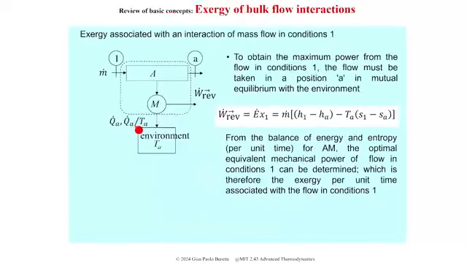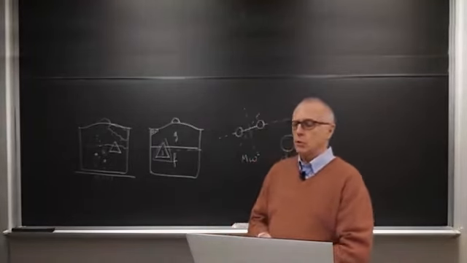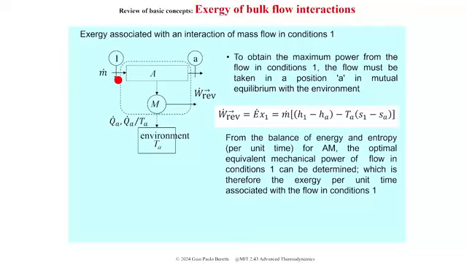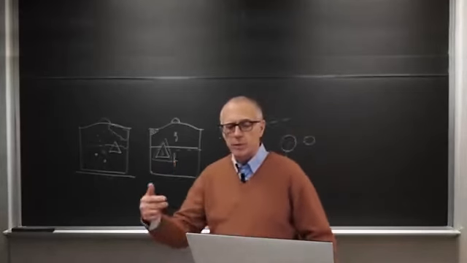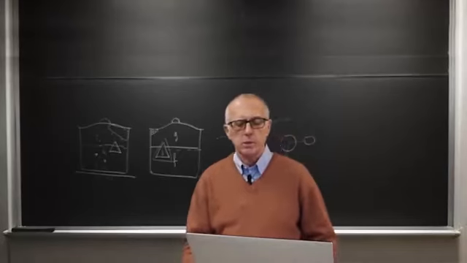Okay, so now that we have developed the simple system model and the bulk flow model for the exchange of mass, we can ask the question, if I have a certain flow at certain conditions, say pressure, temperature, and therefore enthalpy, entropy, and possibly also, in this case I forget about gravitational potential and kinetic energy.